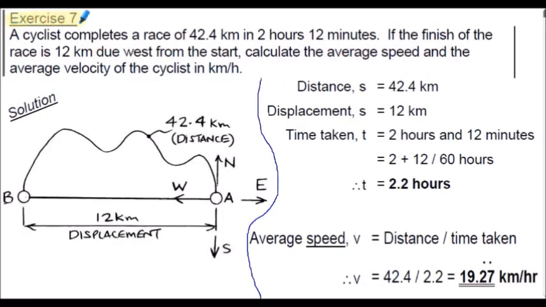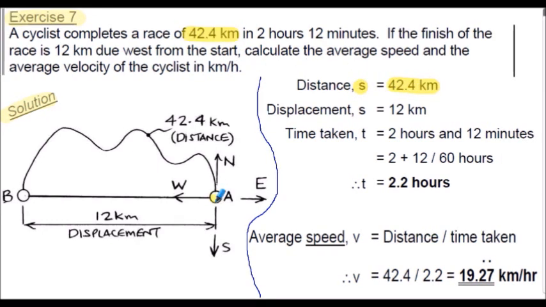Exercise 7, commencement of the solution. So notice in exercise 7 we're actually given the distance travelled, s, 42.4 kilometers. Here's a diagrammatic view of the distance on my sketch from A to B. That's the 42.4 kilometers distance.